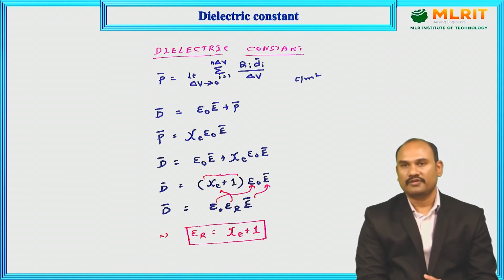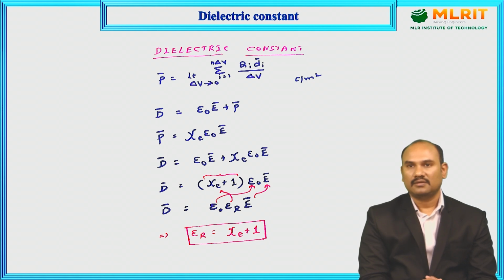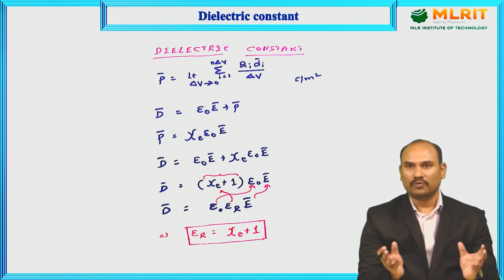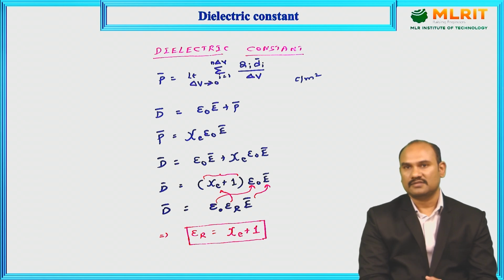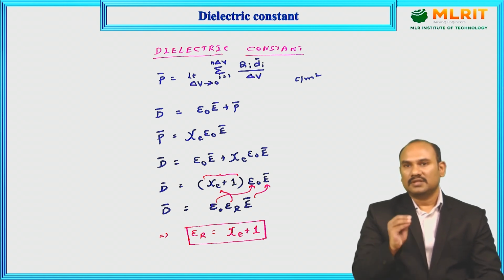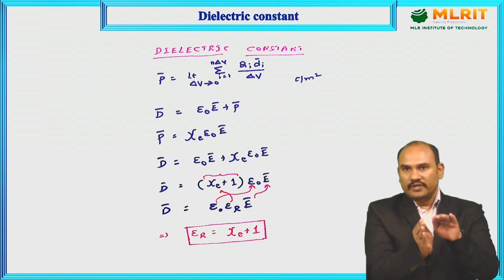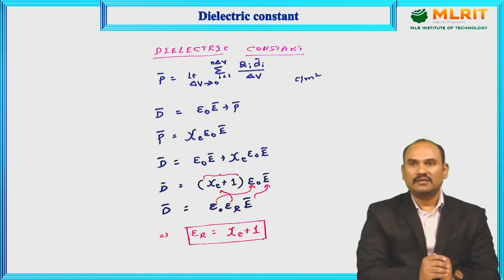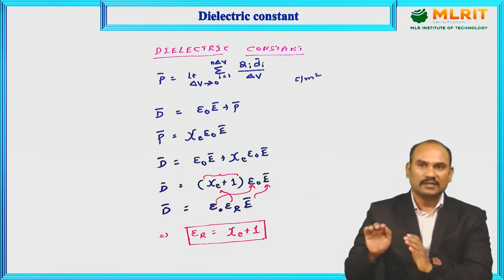Polarization, polarities. What do you mean by polarities? Positive charge, negative charge. They are called electric polarities. North pole, south pole. They are called magnetic polarities. So when you apply electric field, positive charge will try to come one side, negative charge will try to come other side.